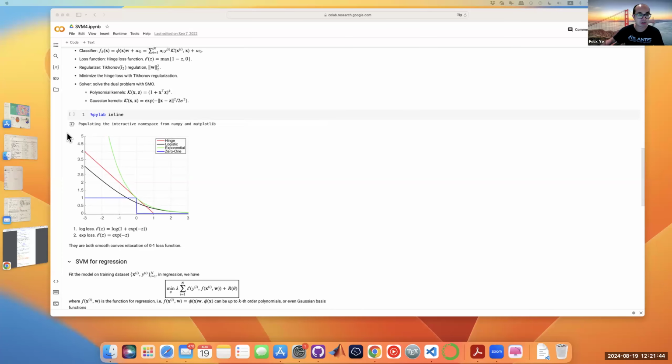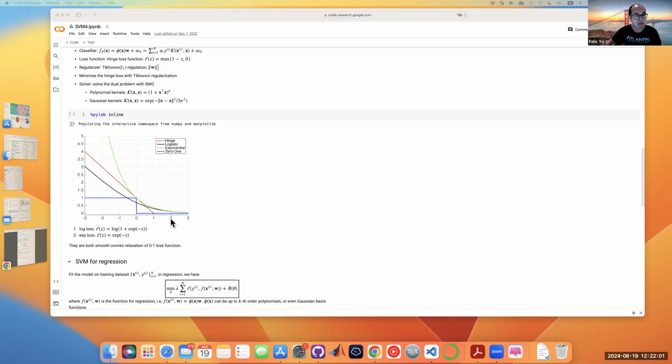First thing, you can see these are possible losses that you can choose in classification problems. We know this loss function has to be monotonically decreasing, so these are all possible choices.